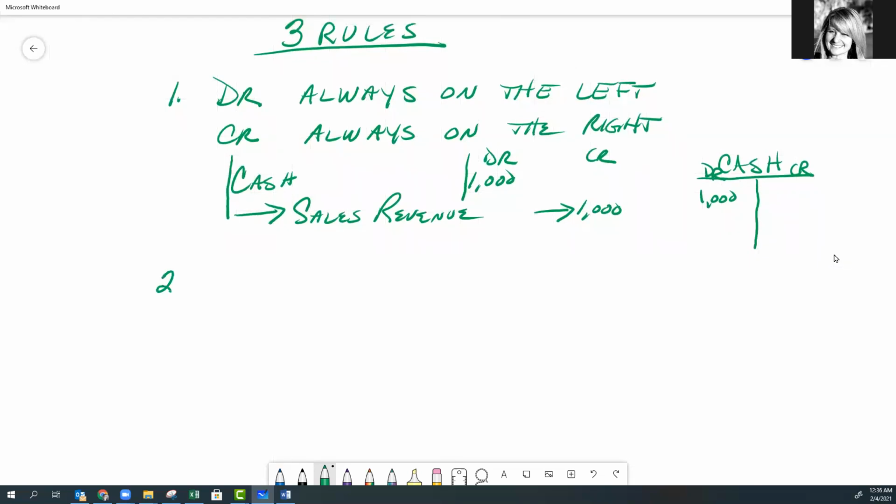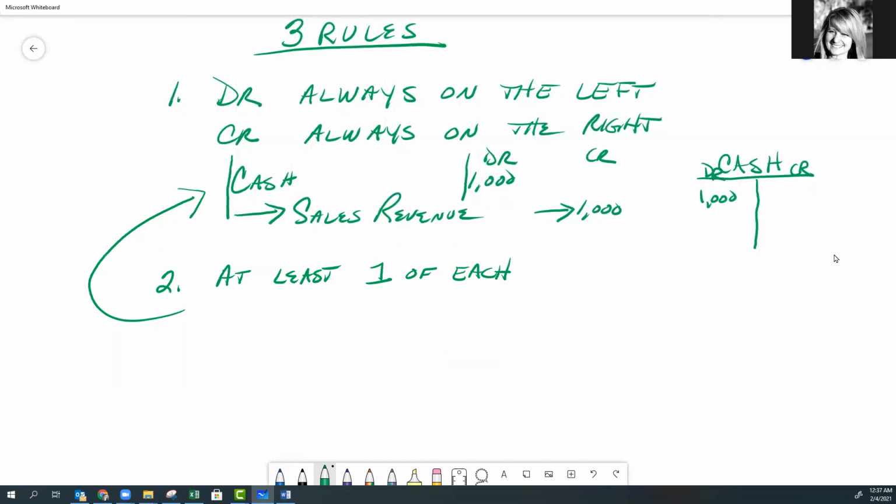Rule number 2 is that you have to have at least one of each. Up here in this example, I had 1 debit and 1 credit. It doesn't mean you have only one of each. It just says you have at least 1 debit and 1 credit. You may have 2 debits and 1 credit.